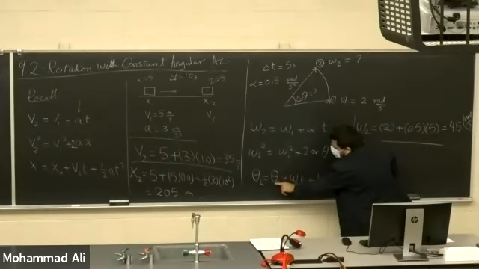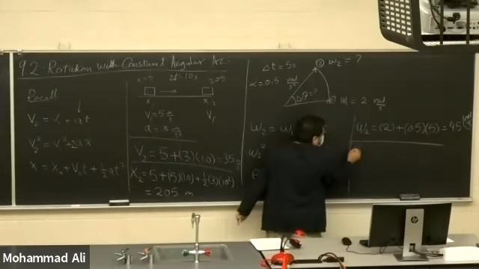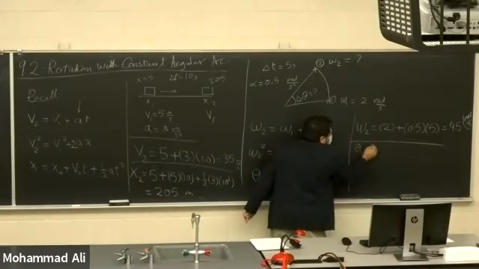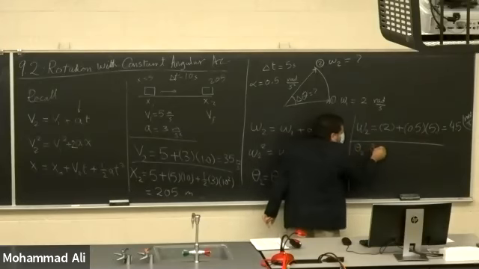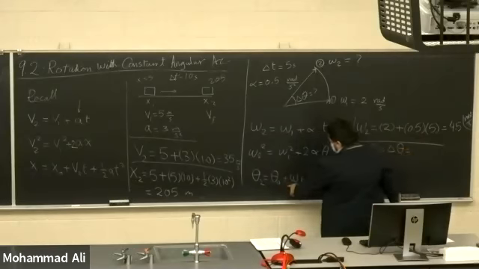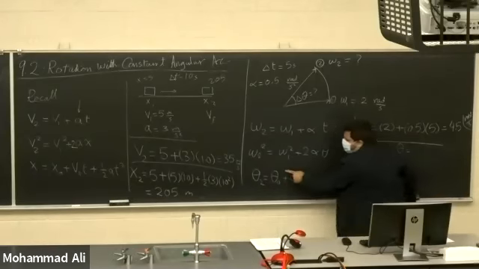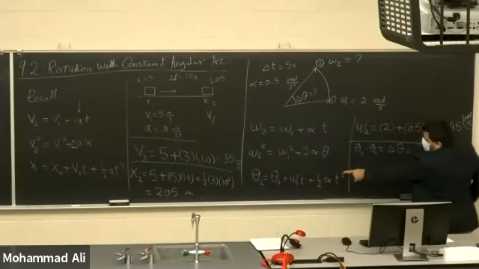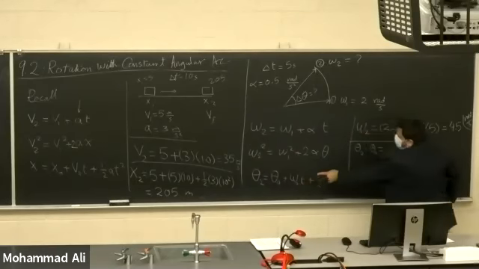If I move this theta to the other side, it will be theta 2 minus theta naught or theta 1, which is delta theta. It will be equal to omega naught multiplied by t.